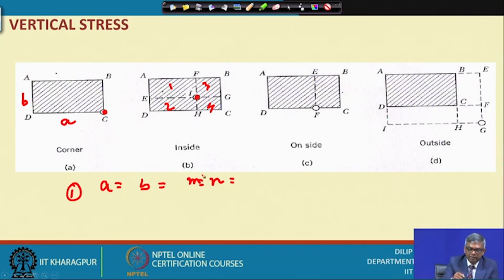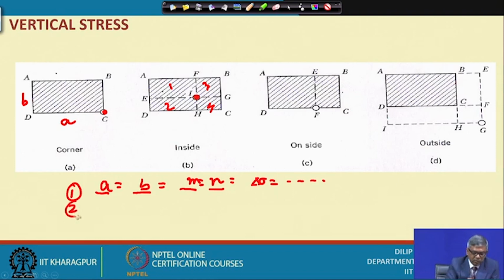Then what will I get? I will get the effect of this foundation at this point. So, by doing this I will take foundation 1, see A and B, then calculate M, calculate N, and then calculate delta sigma using the corner formula. That means at a particular depth, because of this footing area, I will get the stress at this point. So that is one thing.